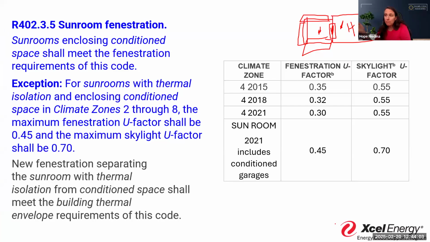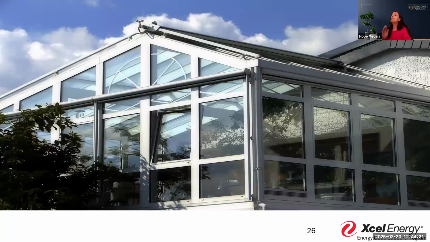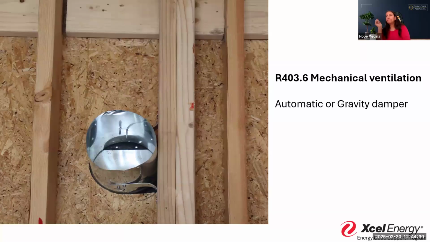They can always do better. Maybe they do just want it to be 0.35 or 0.32 or 0.30, because the idea is, let's make it as energy efficient as possible, because I want to be in that room and I want to enjoy that room. I don't want it to be a sauna. So nothing says that they couldn't put those windows in. It's just if they choose to, they can. That's one of their options.